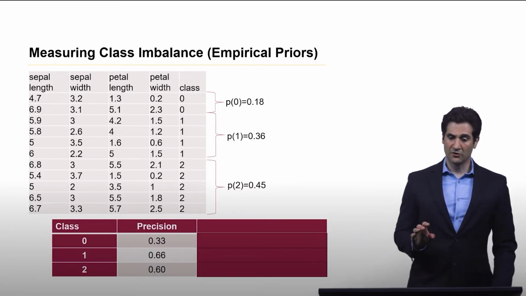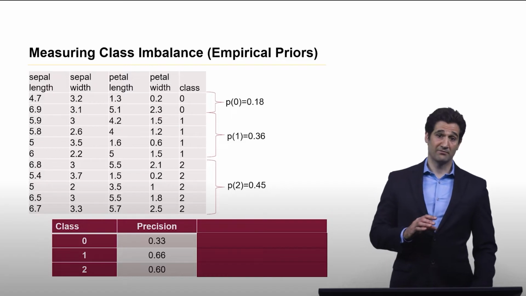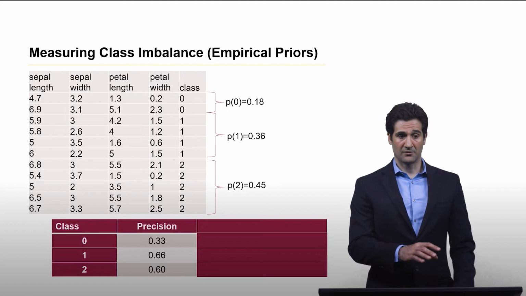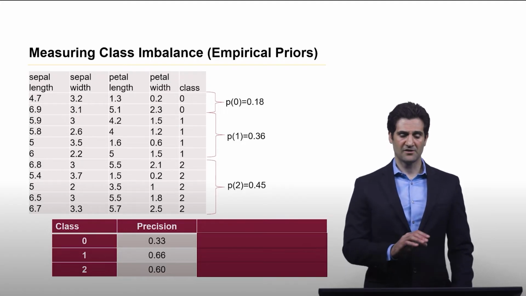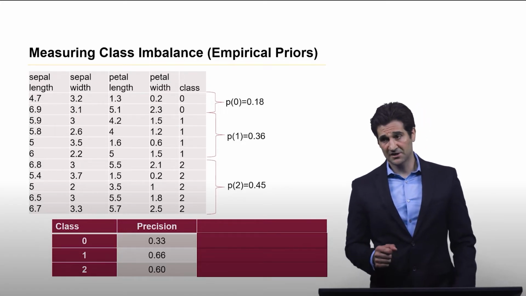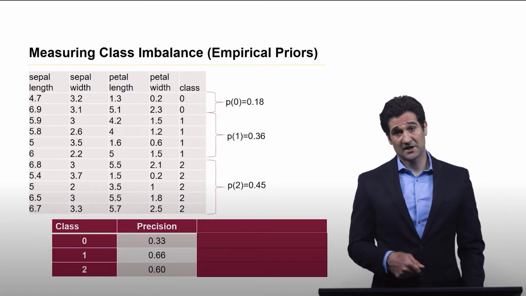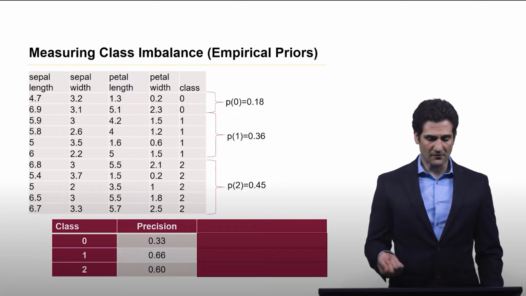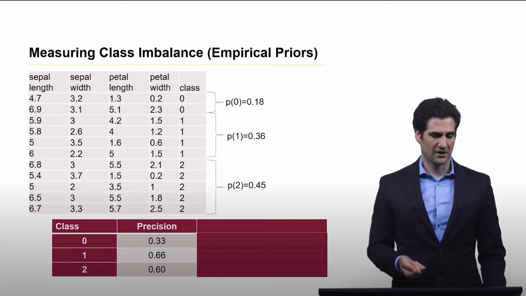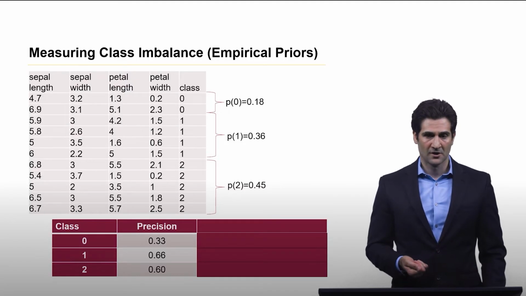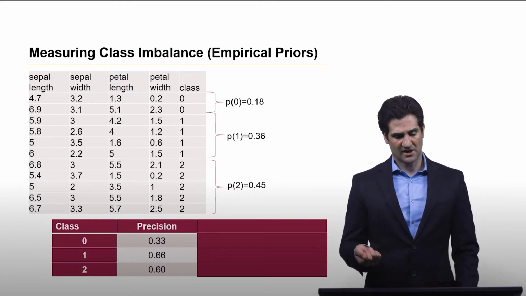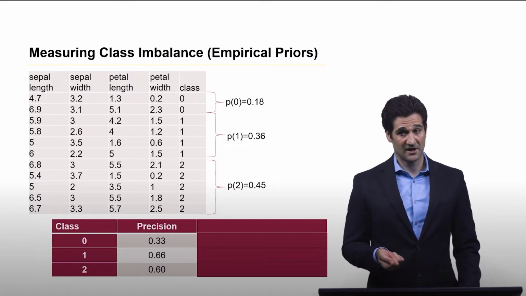Now, let's look again at this way of measuring the proportion of samples in the data set for a given class, and how this relates to precision. Because if I were to have an algorithm that would say, I'm going to randomly assign a class label to a given sample, and it's getting, say, class 0 right 18% of the time, it's doing as well as random guess.